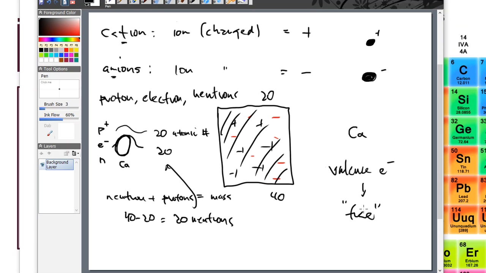Well, in the case of calcium and magnesium, we have two valence electrons that those atoms carry, which means two of the total 20 are valence electrons that can easily participate in reactions.